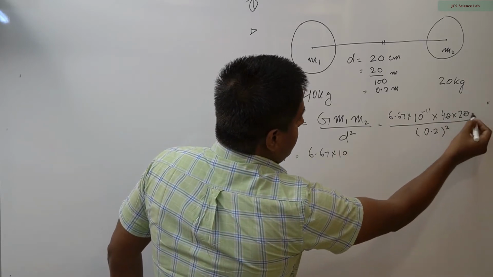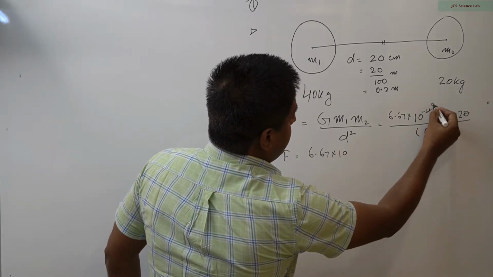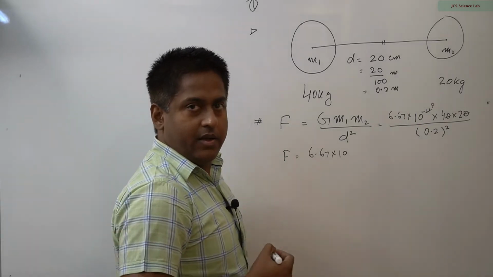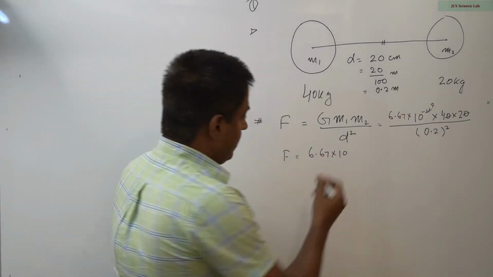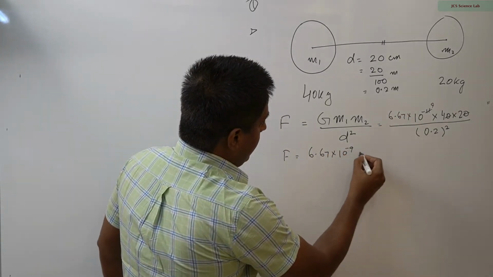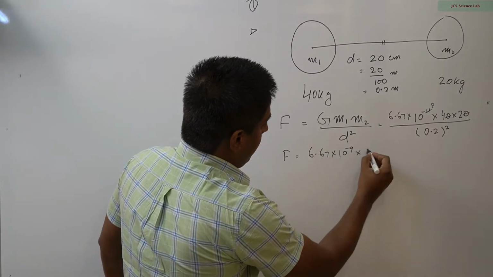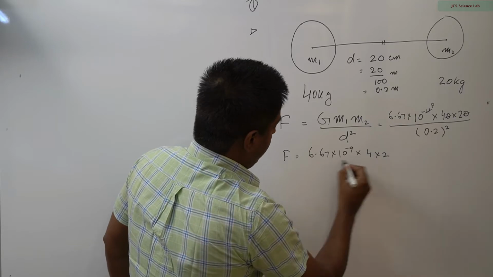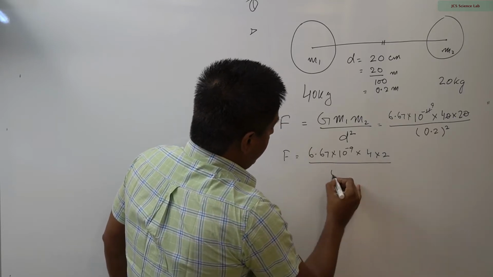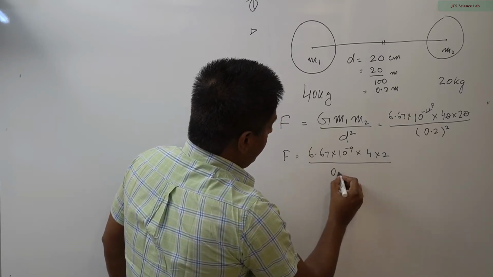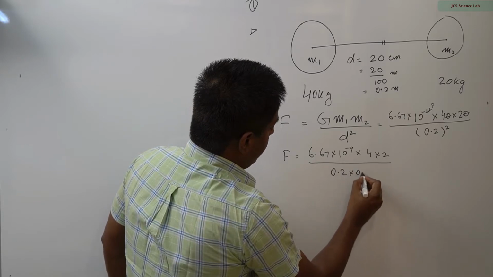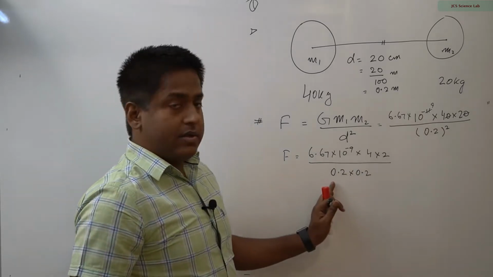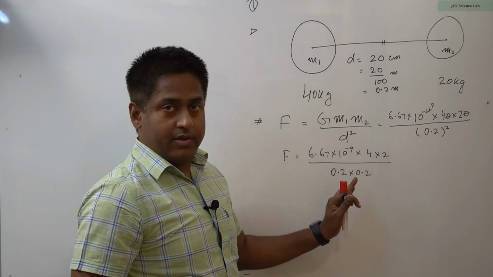I cut these two zeros with this, now it's minus 9. I hope you understood. Minus 9 into 4 and 2, 8. Keep it 4 into 2, divided by 0.2 into 0.2.